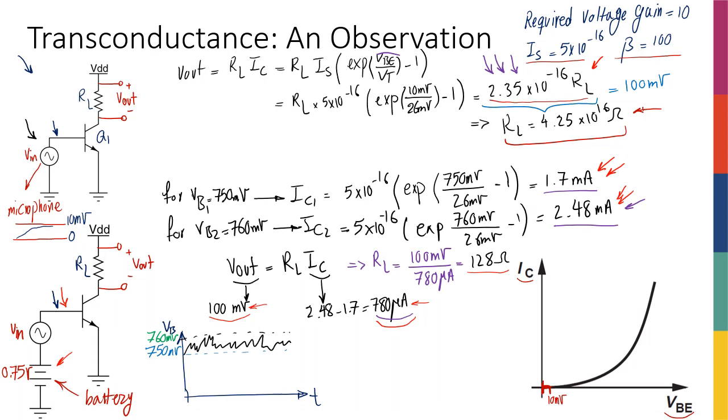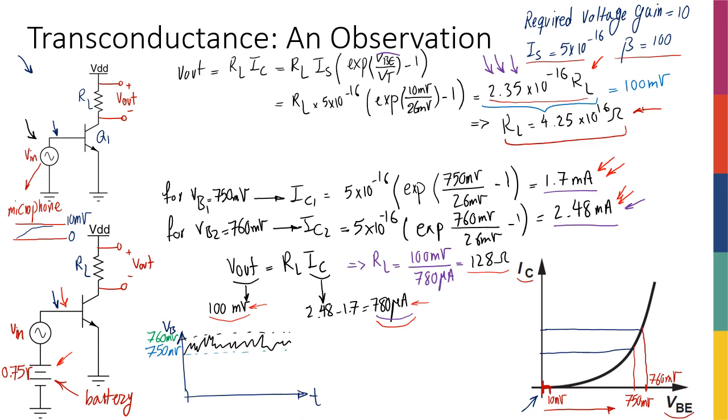However, by adding the battery, what I did is that I moved my operating point to somewhere around here, let's say. So this was 750 millivolts, and let's say here is 760 millivolts. Now, if I look at how much current change it's going to cause, I can see that my IC is actually changing by a lot, simply because the slope of my exponential at this point of my curve is much greater than the slope at the very beginning, close to the origin, right?